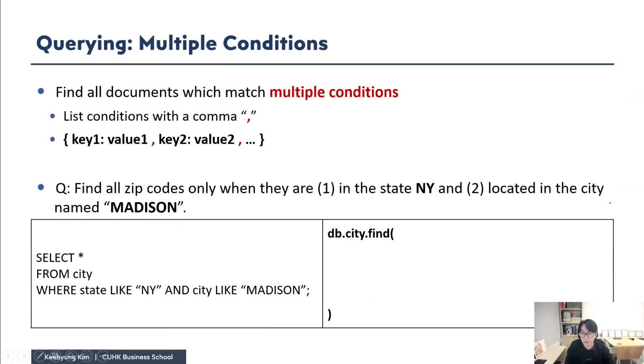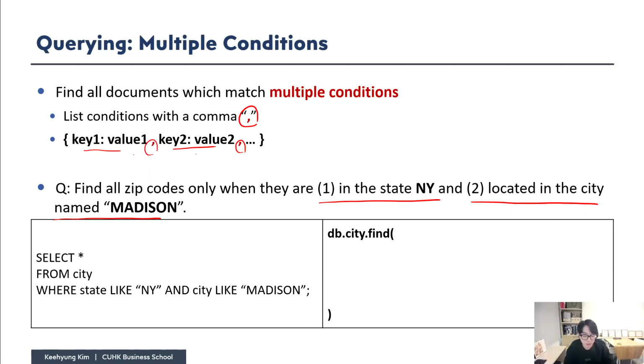So next one, multiple condition. So in the MongoDB query, you can also specify multiple conditions with a comma. So if you list many conditions like this with a comma, then all these conditions should be satisfied to show the final result. So for example, in this case, you want to find all the zip code documents only when they are in the state NY and also located in the city named Medicine. So there are two conditions.